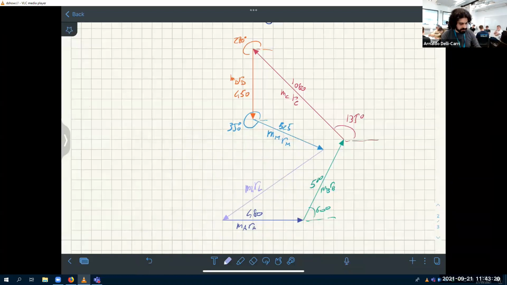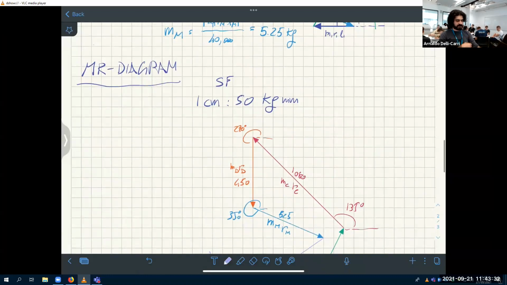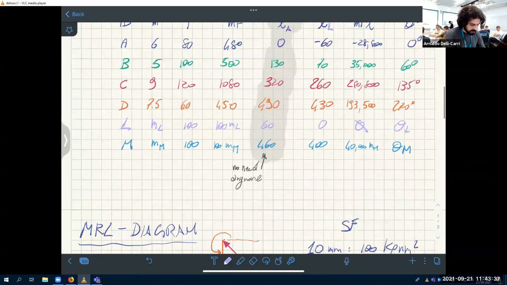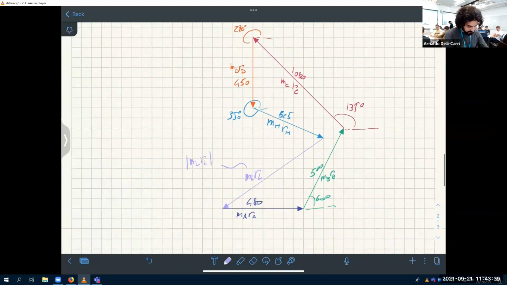And now you can measure this. This is the measurement, ML, RL. So the magnitude of this is in millimeters, which you can turn into kilogram millimeters given the scale factor. And so you can find that, sorry, it's not ML RL, this is 100 ML. And so you know that ML is 100 ML divided by 100.